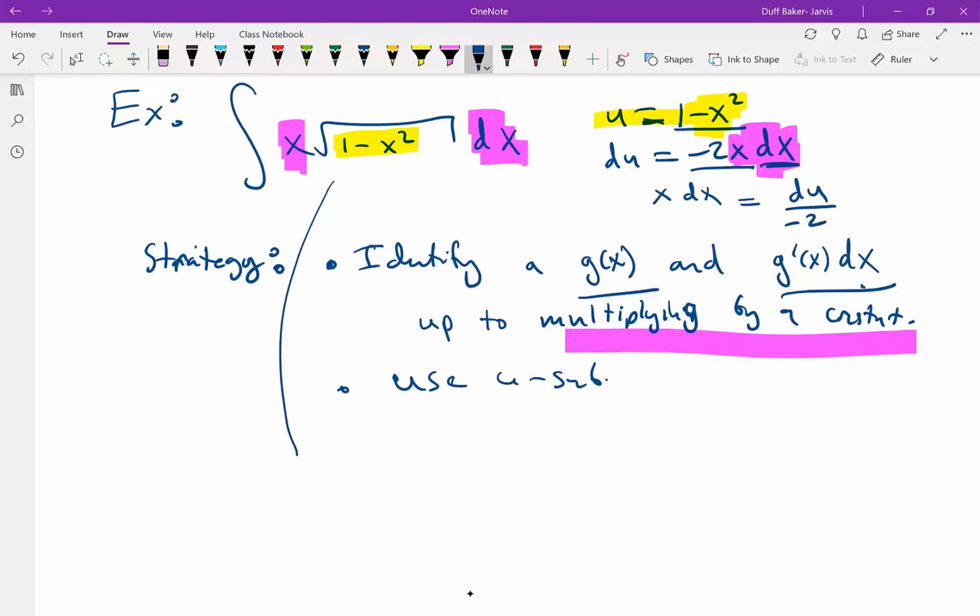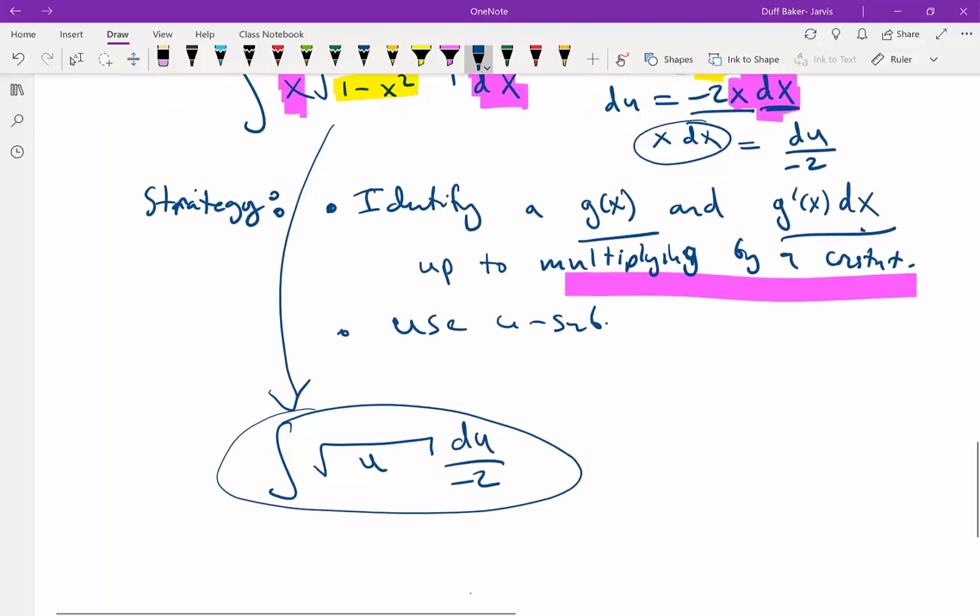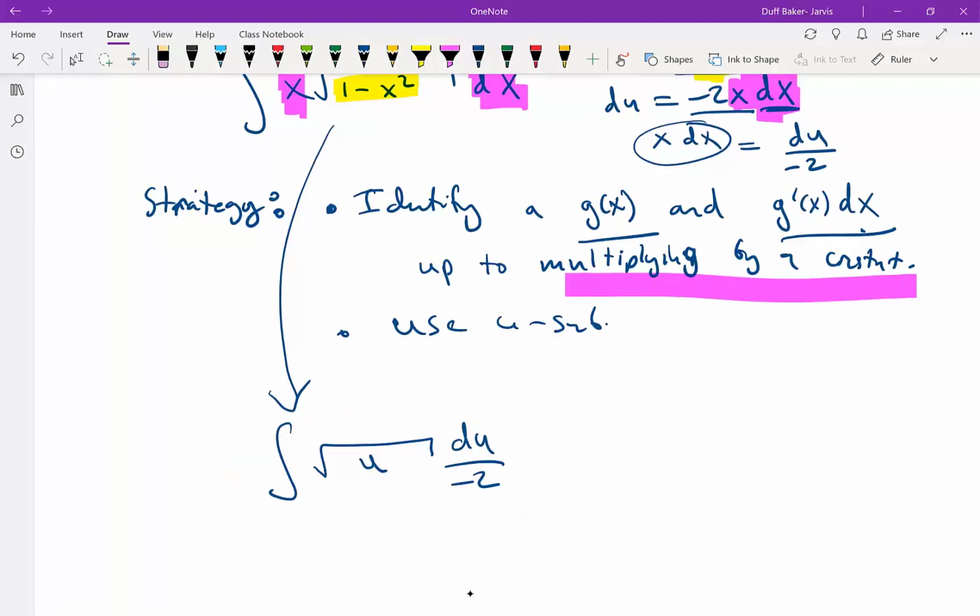Okay, so now if we do this replacement, the thing under the square root just gets replaced by u, and x dx gets replaced with du over minus 2. So u substitution turned it into this integral. And it's probably easiest if we just pull the minus 1/2 out.